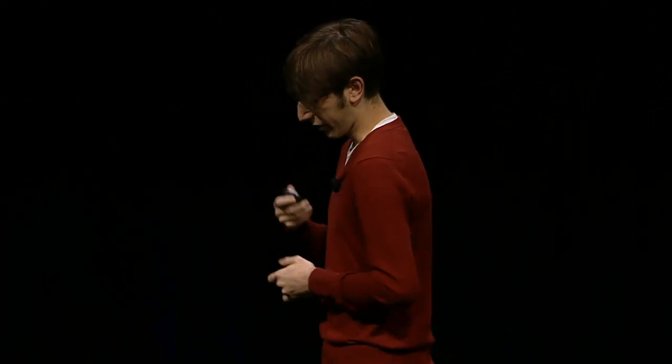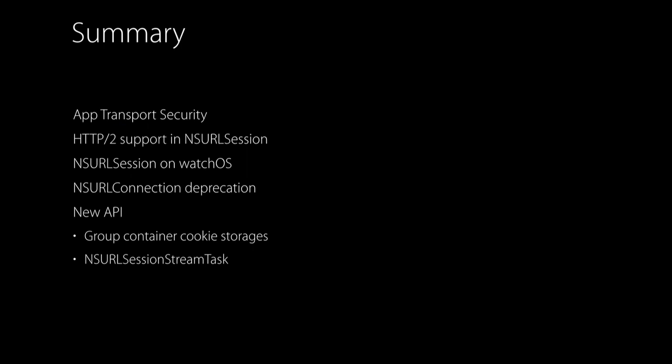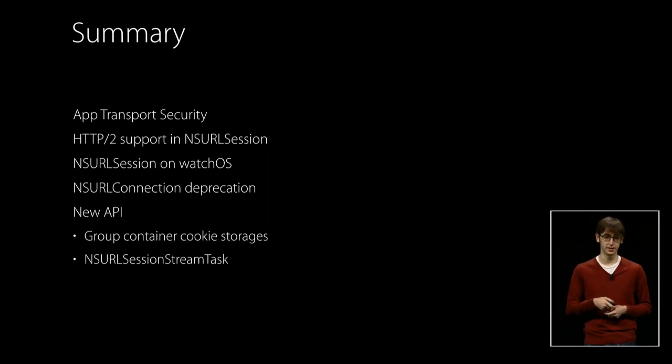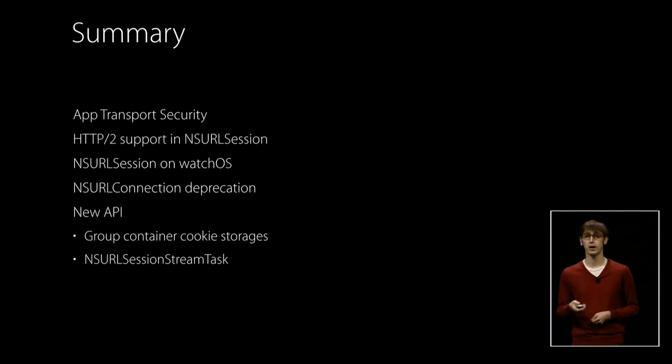Before we finish up today, I'd just like to go over the few things that we discussed this morning. We first talked about how you can use App Transport Security to guarantee that only secure connections are made from your app, and how you can declare exceptions to those as needed. We then talked about how you can make your apps faster by supporting HTTP2 on your servers, which requires no additional changes on the client.